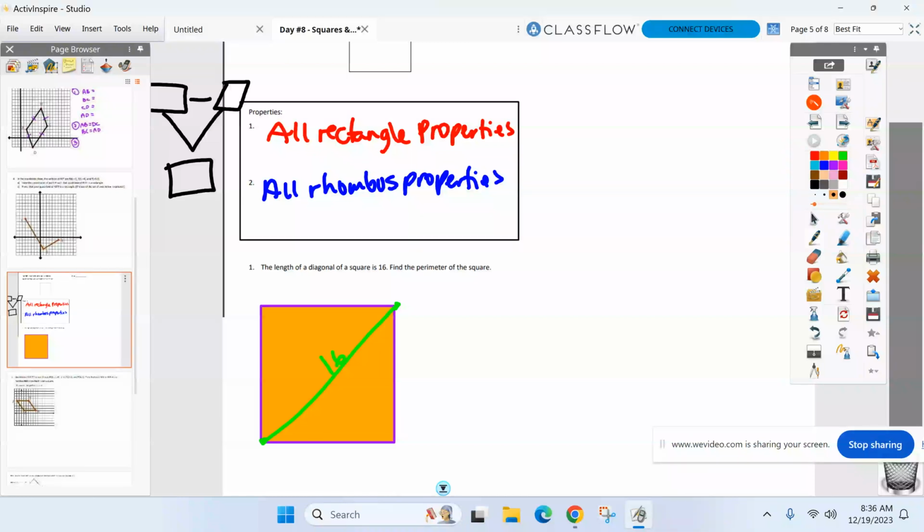Oh wait, does that work? This is a perimeter.